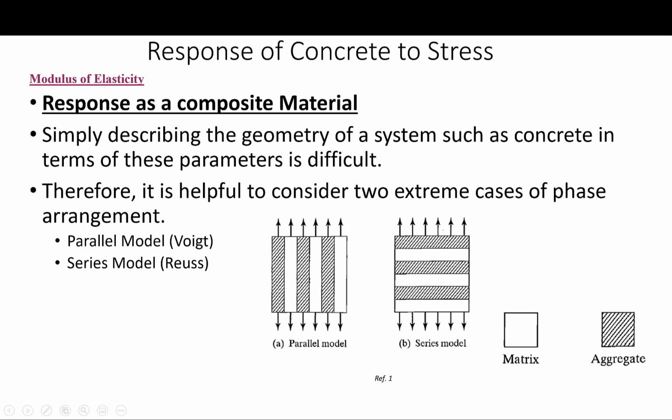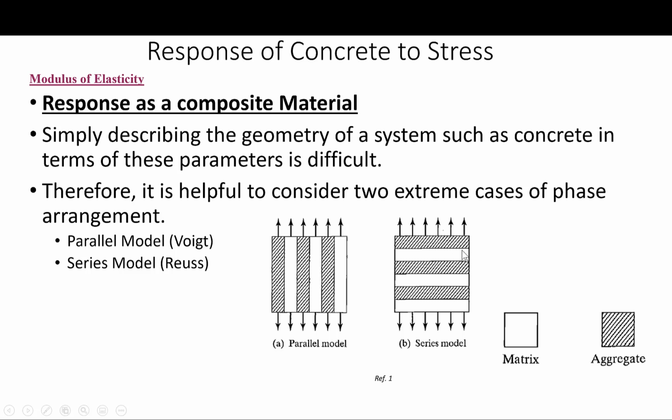The parallel system, just to make sure we understand, is one in which the two phases are subject to uniform strain. So basically they are subject to the same strain. This provides the upper bound solution for the elastic parameter of interest.